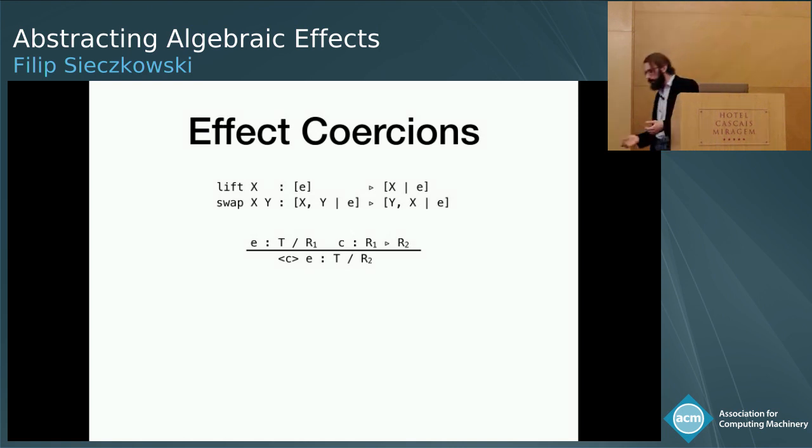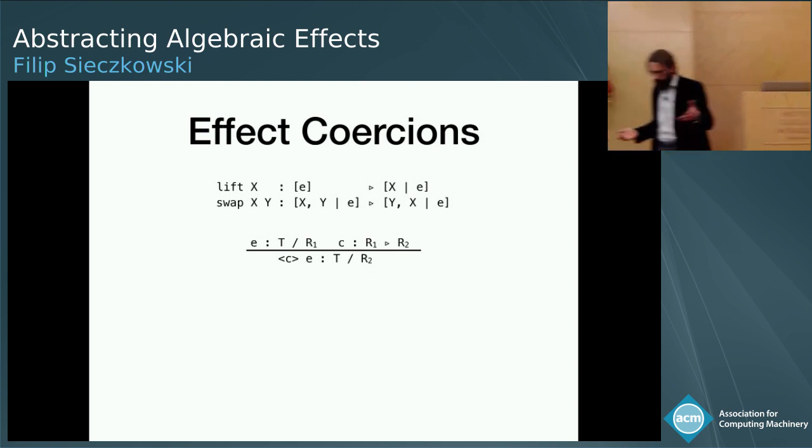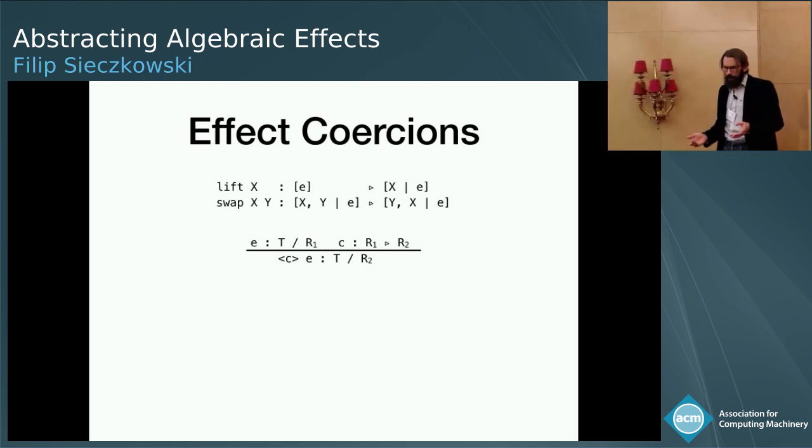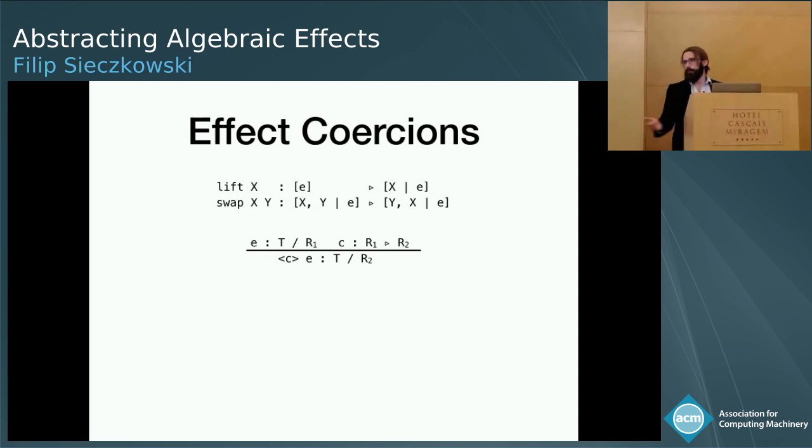And Yijo mentioned on his very last slide that last year at Popple we introduced this lift operation that allowed us to pretend that an expression had more effects than it actually did, in places where it would be incompatible with simply sub-effecting.